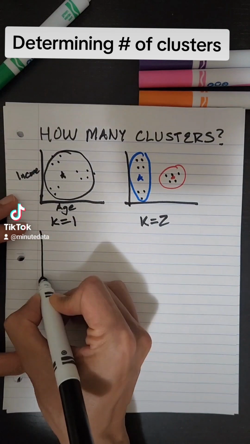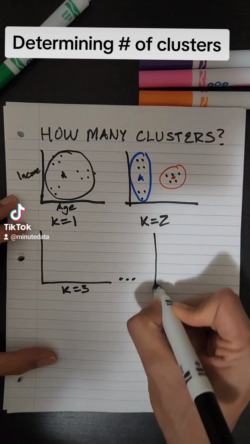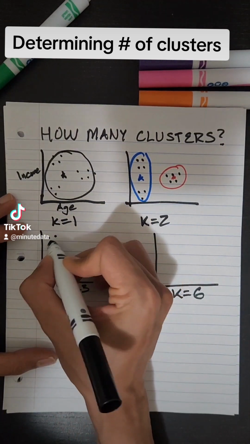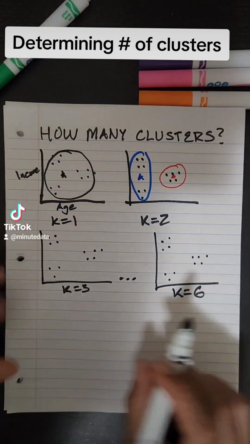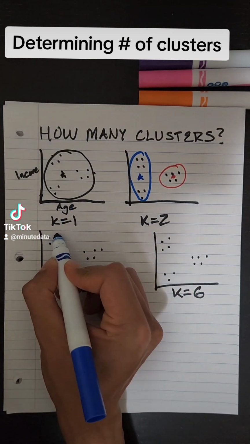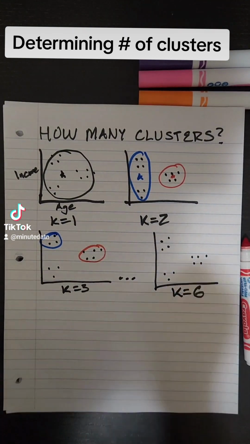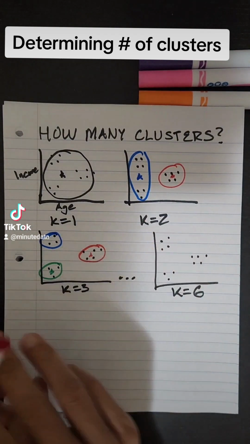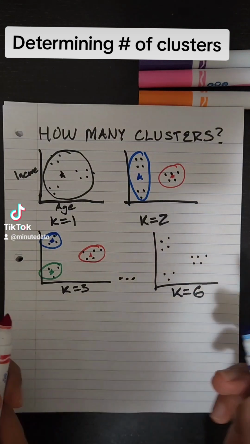And let's just repeat 2 more times in this example. So let's say k equals 3. Let's say all the way to k equals, say, 6. Let's plot our data. So k equals 3, you'll probably end up with our ideal solution. And then let's say k equals 6.